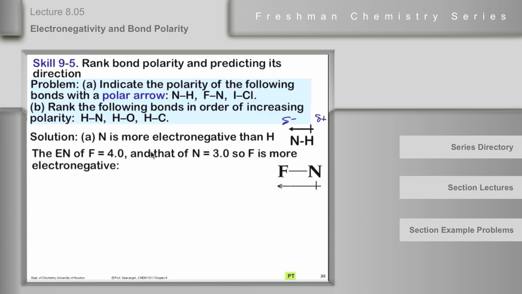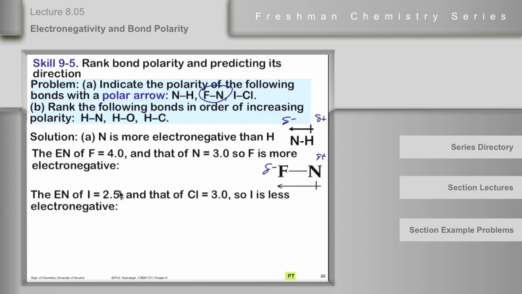If we look at the FN bond, fluorine is more electronegative at 4 than nitrogen at 3, so we're going to have delta minus on the fluorine side and delta plus on the nitrogen side.